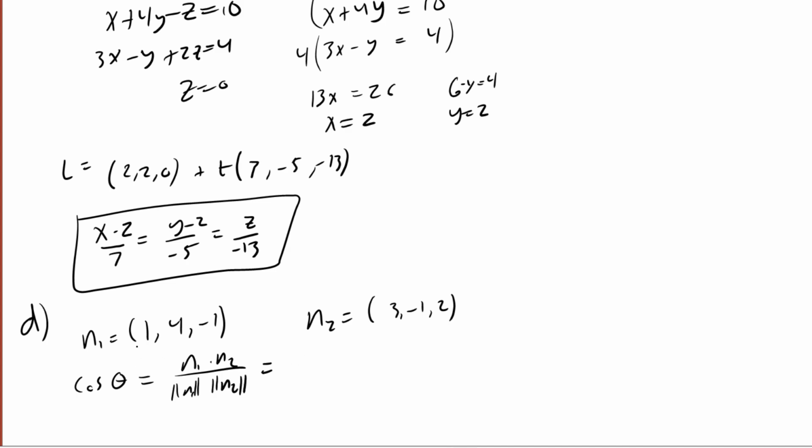N1 dot N2 is 3 minus 4 minus 2 over root 18, which is 3 root 2, and on this one I have root 14. So this is going to be minus 3, 3 cancels, 1 over root 28. That can simplify: that's 1 over 2 root 7.